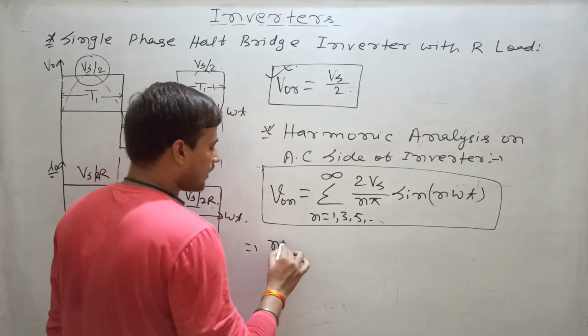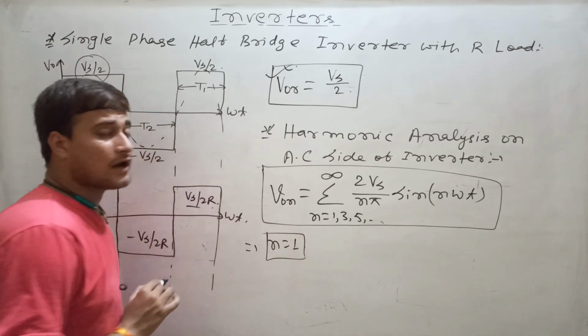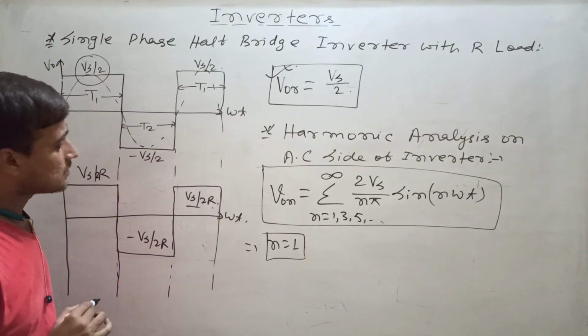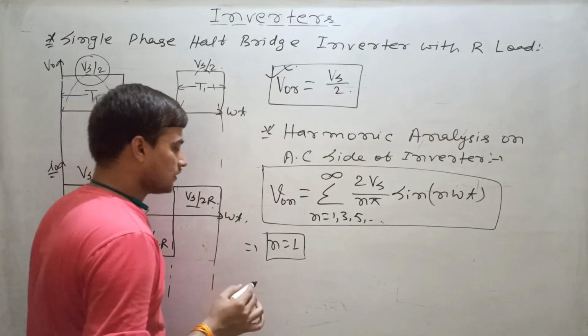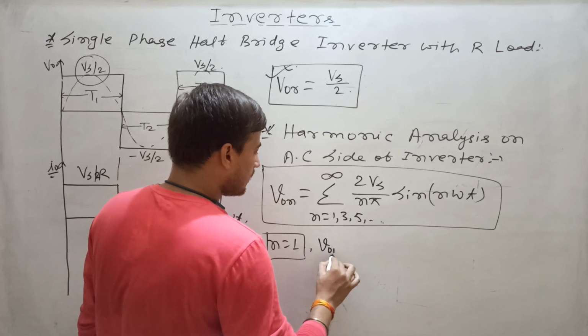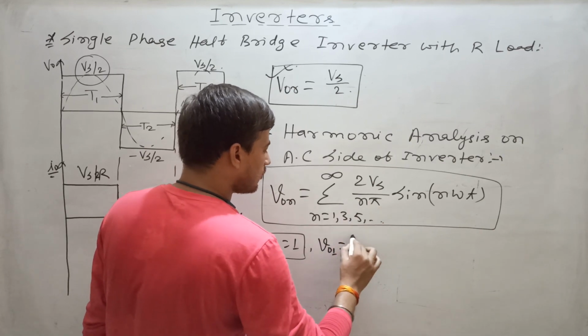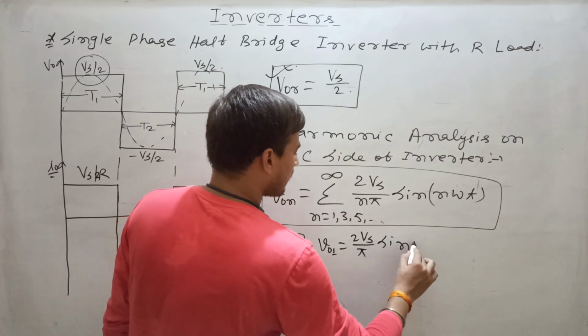So from here, if you write n equal to 1, n equal to 1 means what? The fundamental component of the output voltage. So I will first write V01, put n equal to 1, it is 2Vs divided by pi sine omega t.